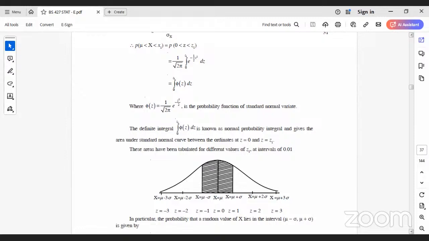The definite integration of 0 to z1 phi of z dz is known as the normal probability integral.